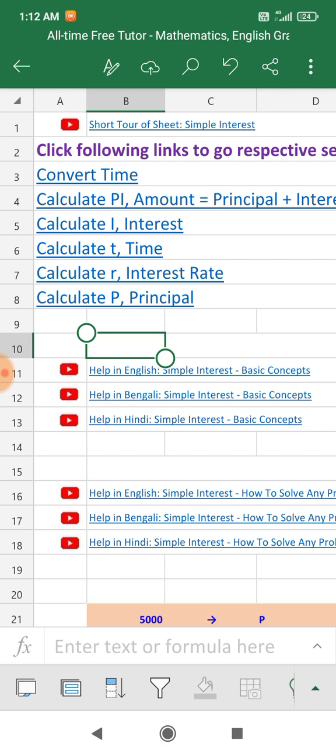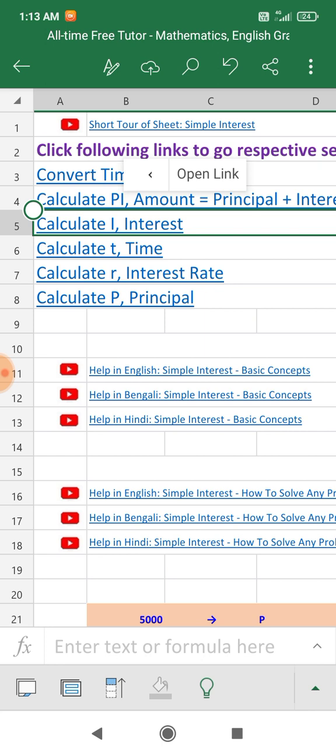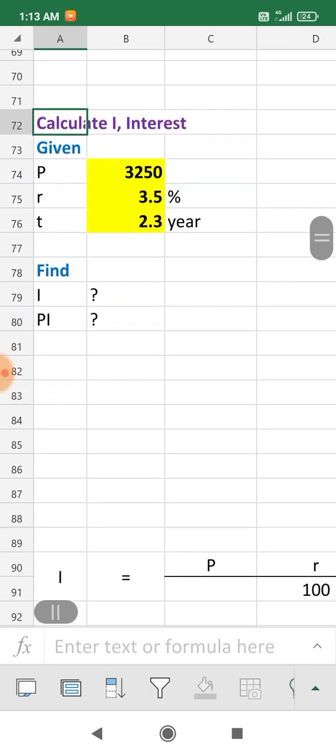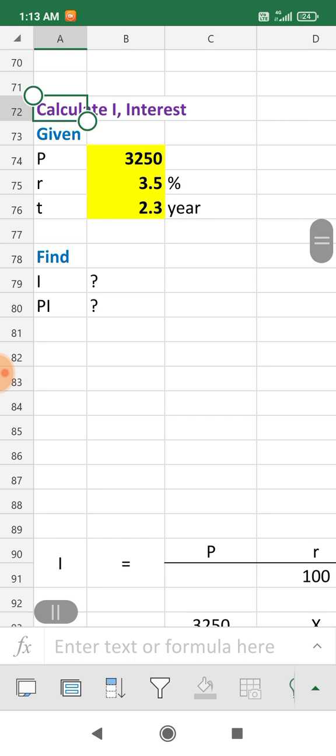If we have to calculate the interest in the question, then you have to select this one and open the link. So we have moved to the calculate interest section.